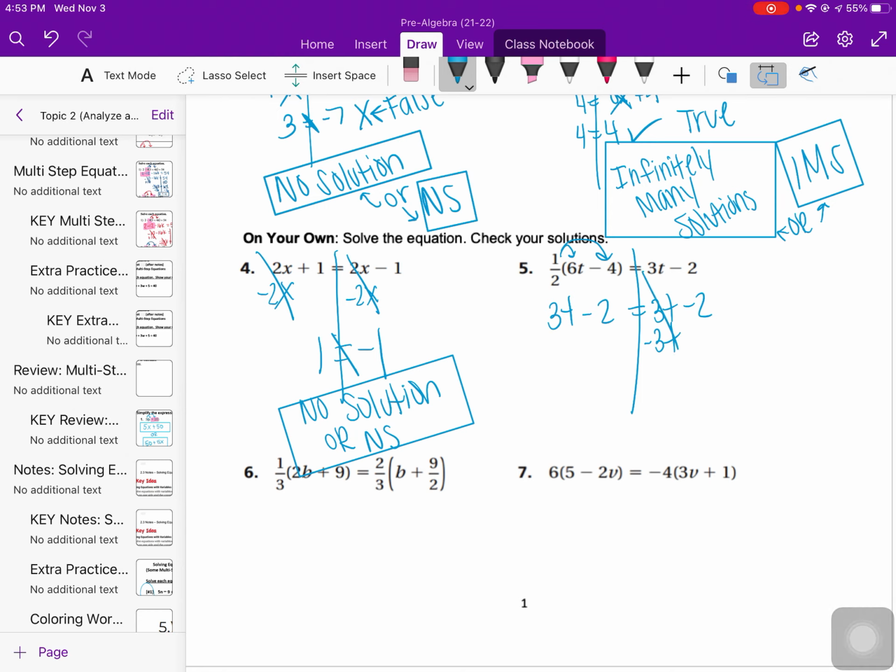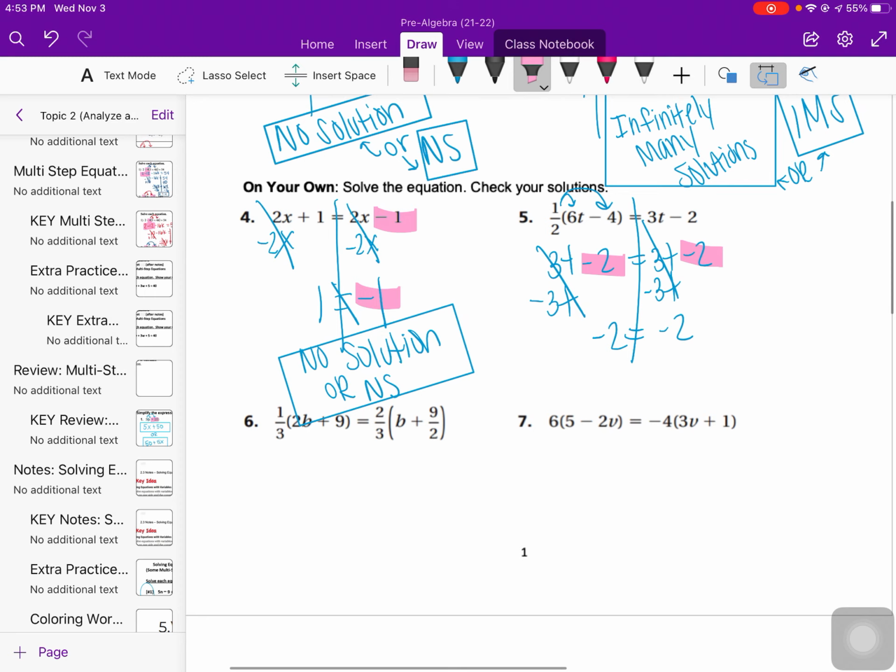I'm going to get rid of the t over here. They end up canceling out because that's 0. 3 minus 3 is 0. Bring down my -2. Just recognize that these numbers are negative, just like how this one over here was negative. And then -2 does in fact equal -2.